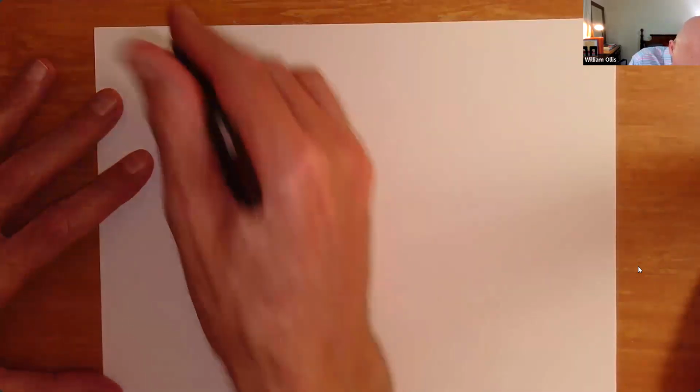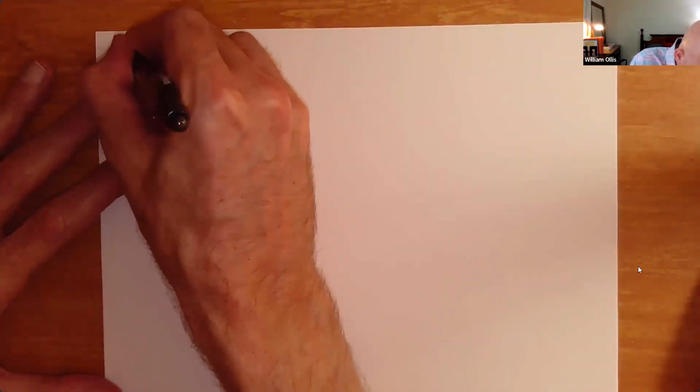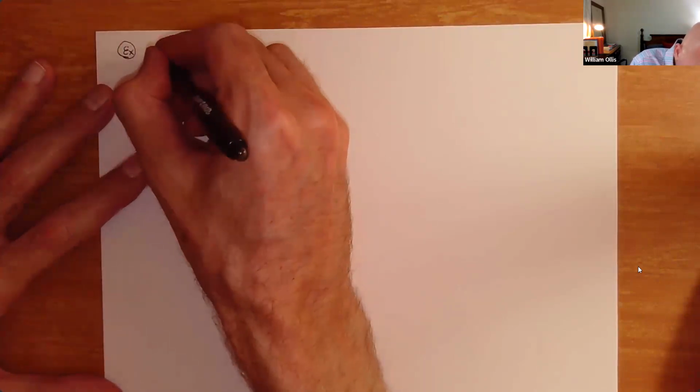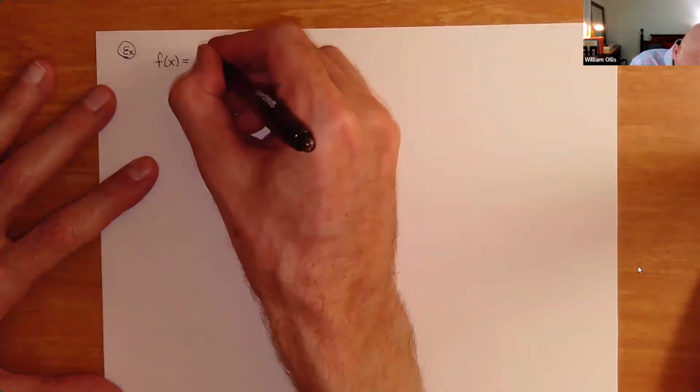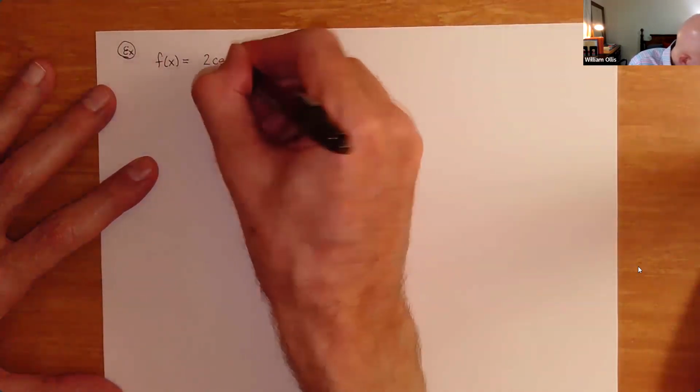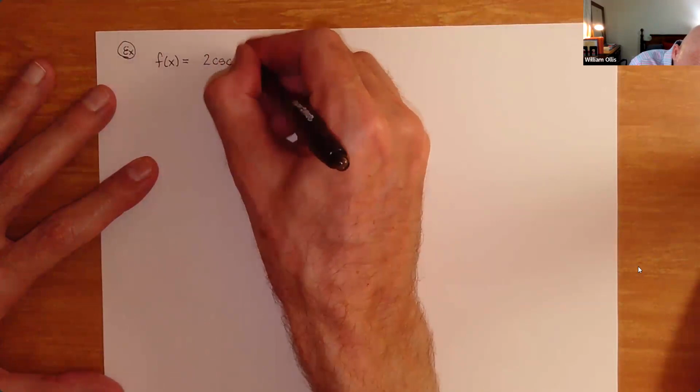So I would like to do one of those. So here's a function. This will be a very instructive exercise. So we have f of x equals 2 times the cosecant of 3x over 2.